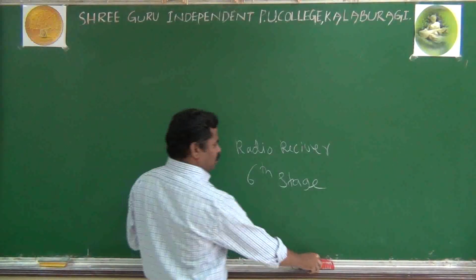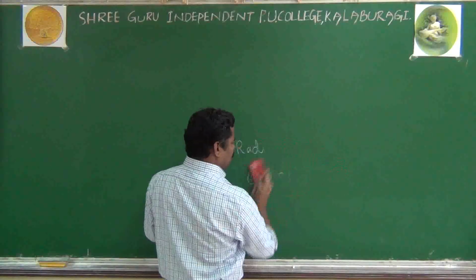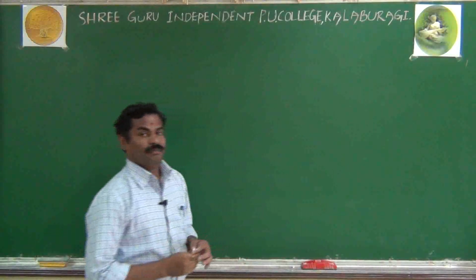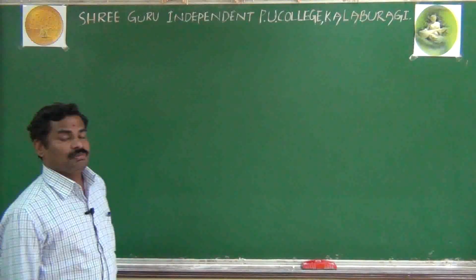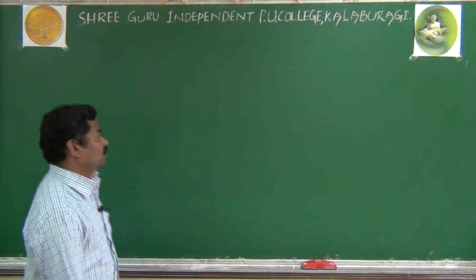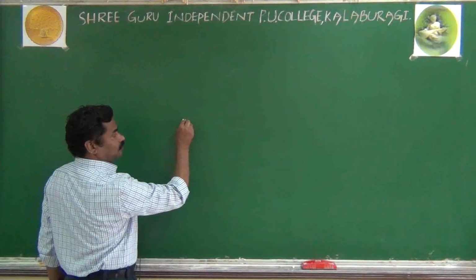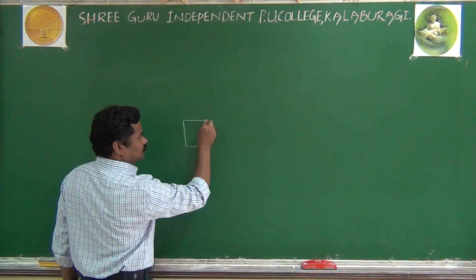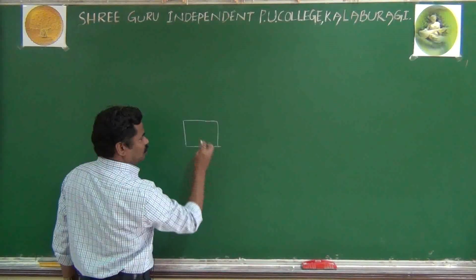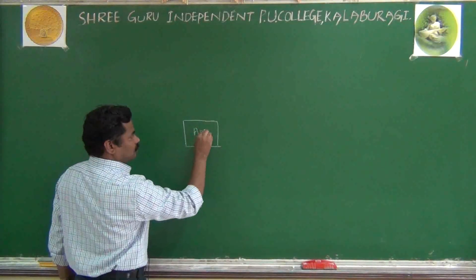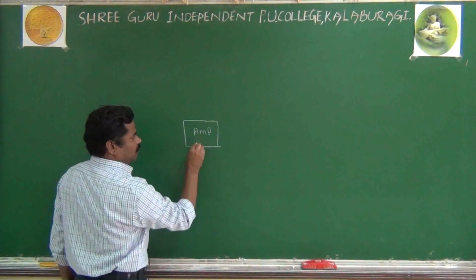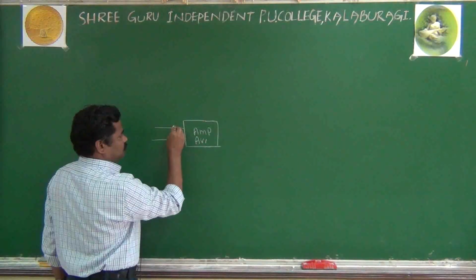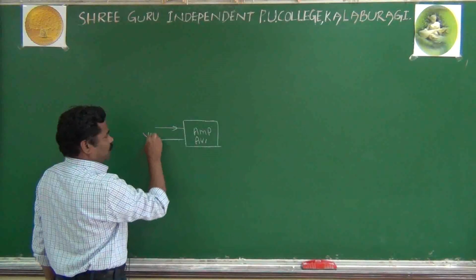In multi-stage amplifiers, we want more gain. How are multi-stage amplifiers connected? Look here, you can connect 3 stages of amplification. This is the amplifier AV1, and this is your input; you are applying the input Vi.